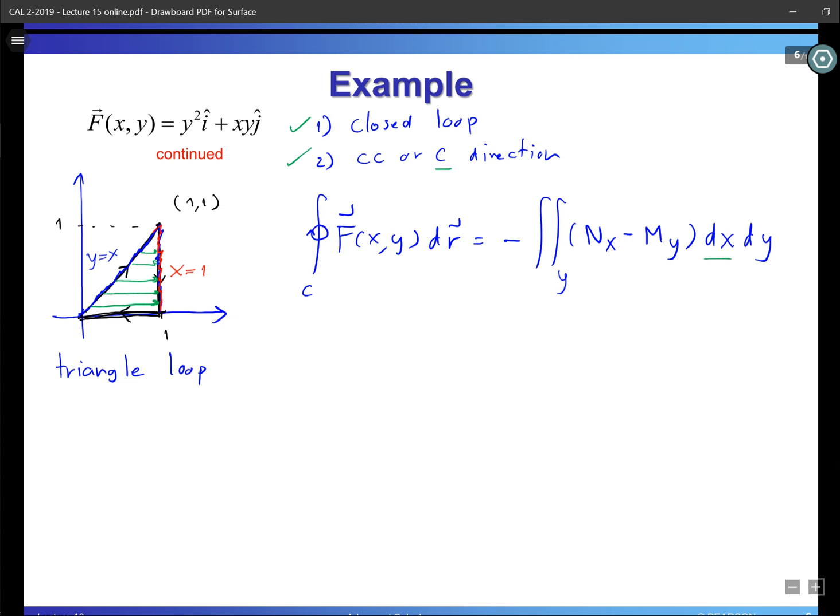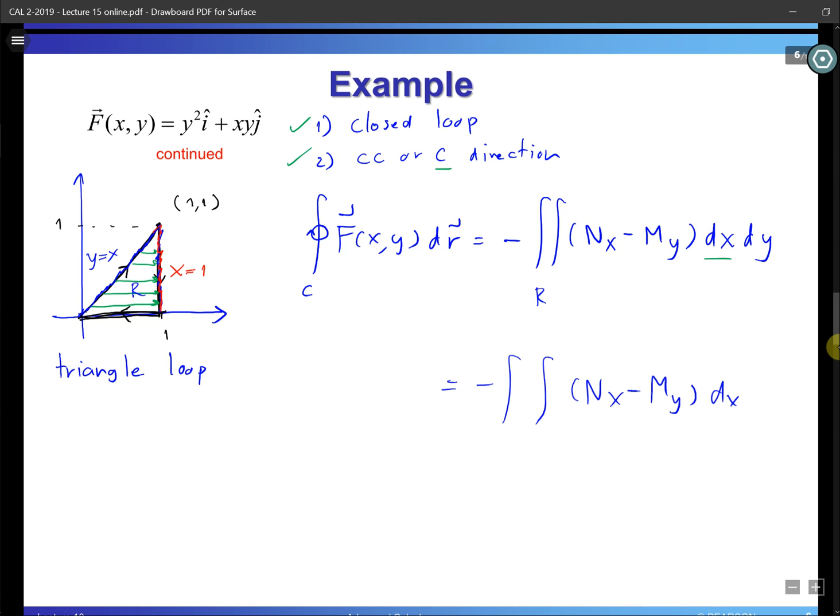This is region R, and the double integration is the same thing: (N_x minus M_y) dx dy, with x starting from the left-hand function, x equal to y, and ending at x equal to 1.